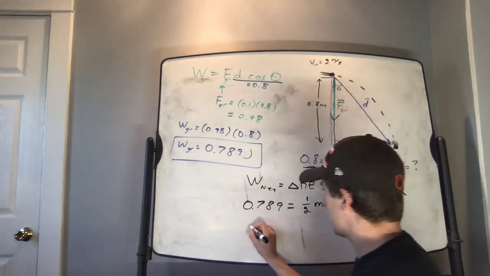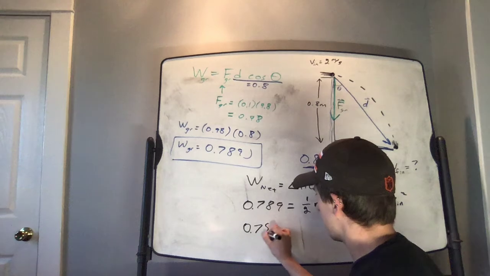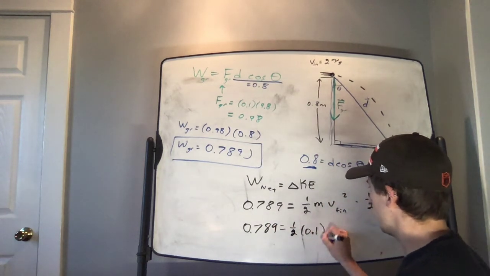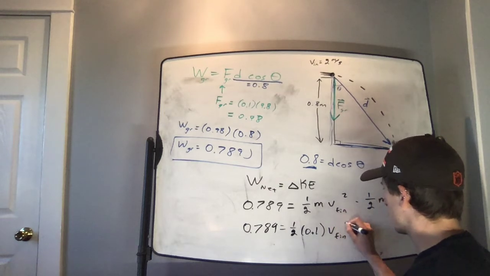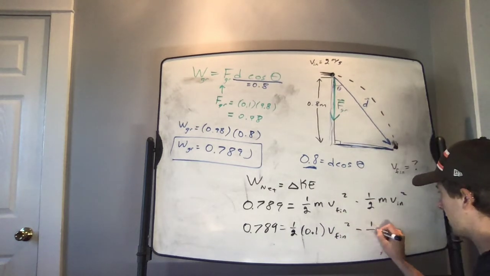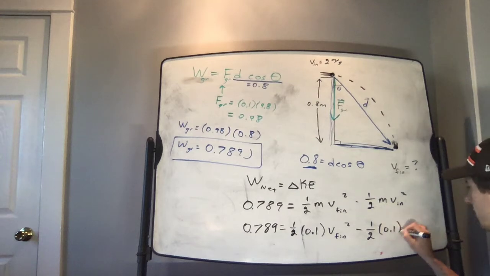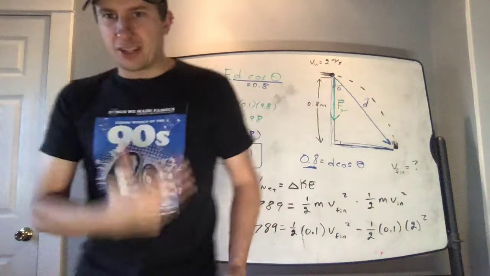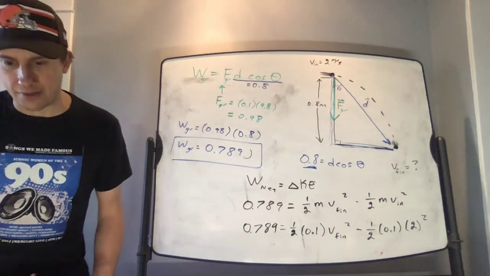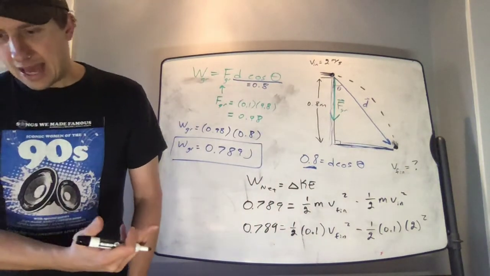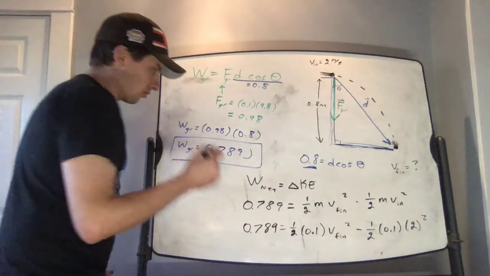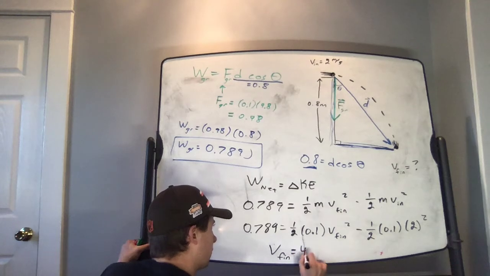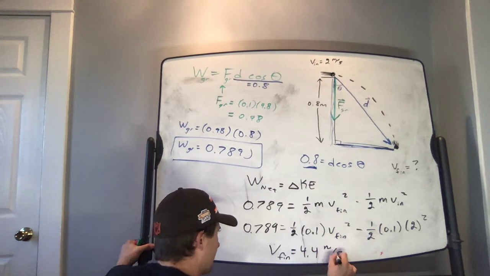So I could write this as 0.789 is equal to 1/2 times 0.1 V final squared minus 1/2 times 0.1 times 2 squared. And if I plug these numbers through a calculator and solve for V final, I find that the final speed of the ball is V final equals 4.4 meters per second.